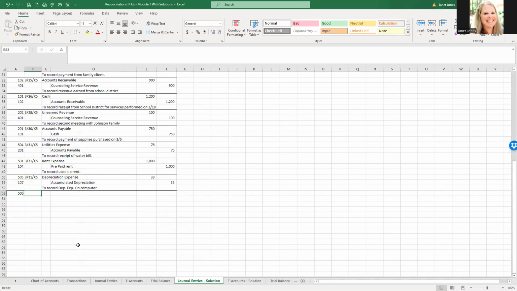So we will add 506 on 331 for supply expense. And then our credit is going to go to our supply inventory. So 103, supply inventory.